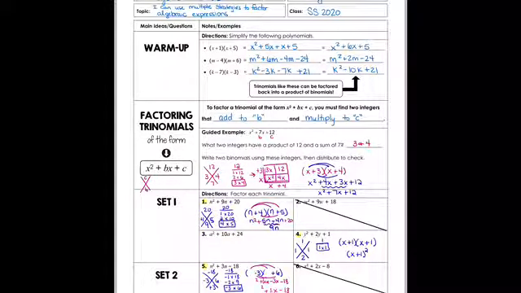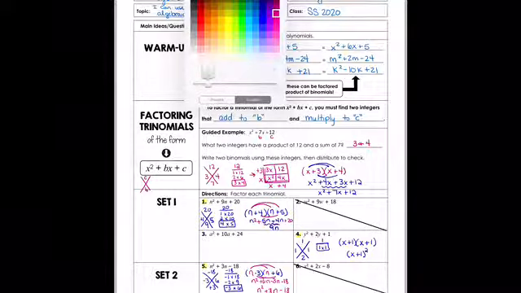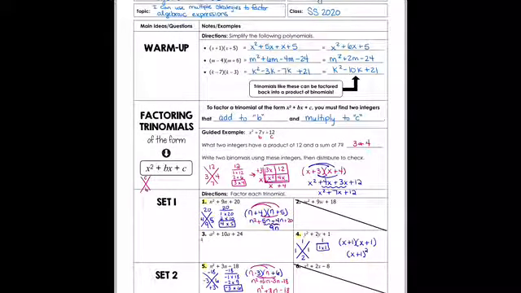So change everything to an n, and you're good. Your task for this page is to do problems number 3 and 7. When you're done, upload pictures and you'll be good to go.